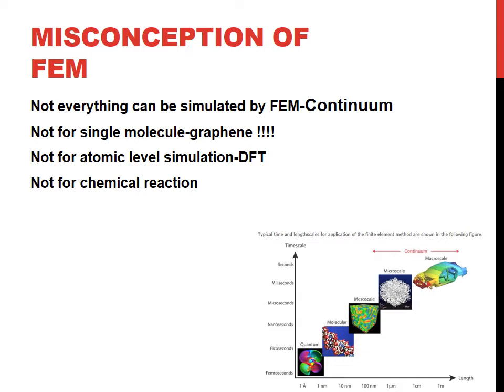Our limitation in terms of dimension starts from, let's say, 1 micron to a bigger size. It can still solve a problem in the dimension of nanometers, but it is not really recommended.